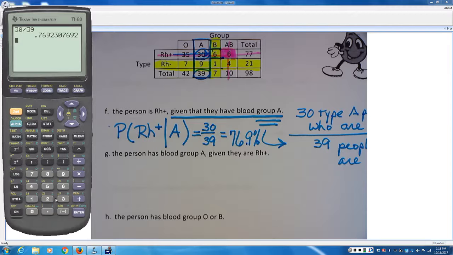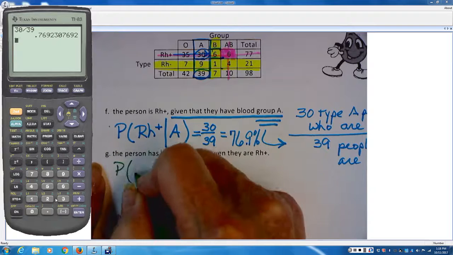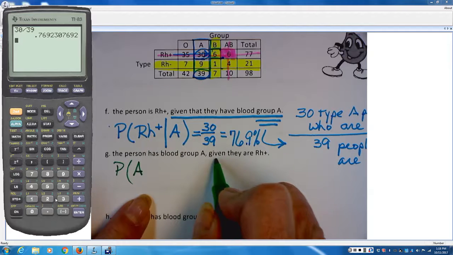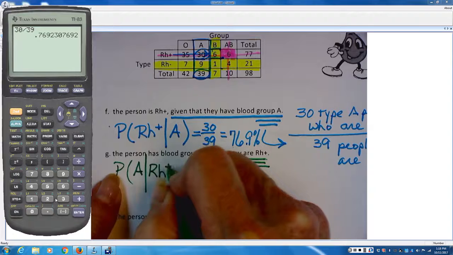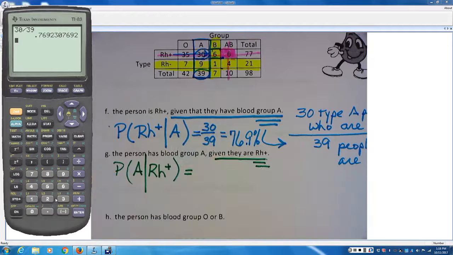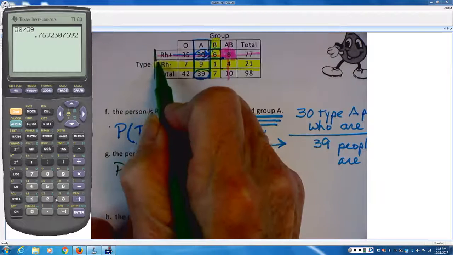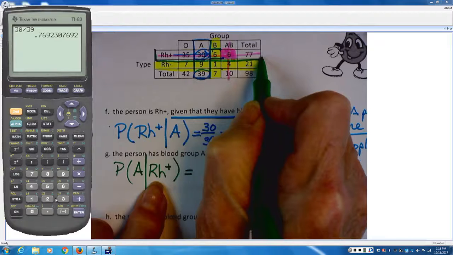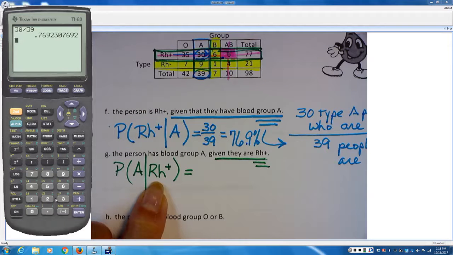Now I want you to compare carefully this question with the next question. Because the next question says, find the probability the person is blood group A, given that they're Rh positive. So the given condition, the guarantee, is that they are Rh positive. Well, if we're looking at people that are Rh positive, we're looking at those 77 people right there.